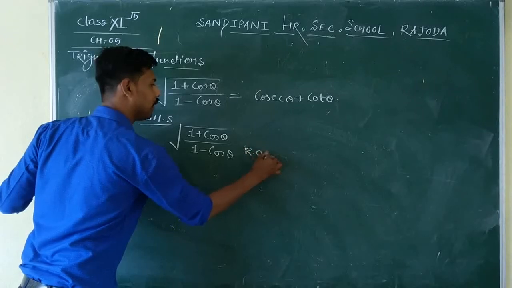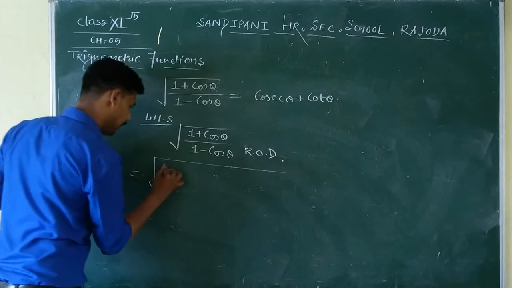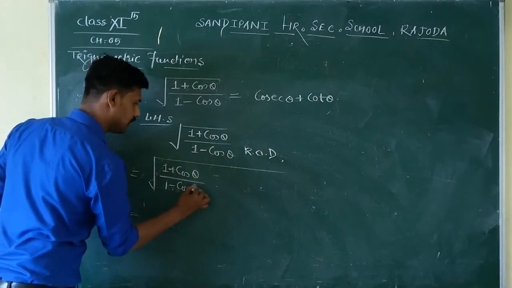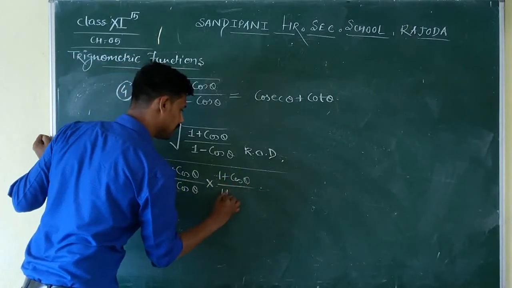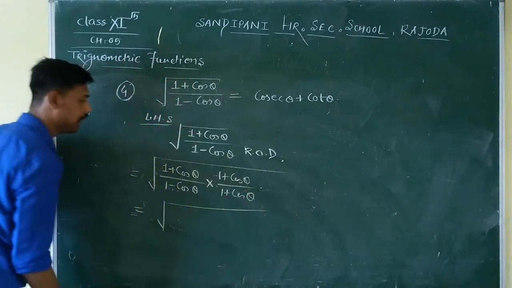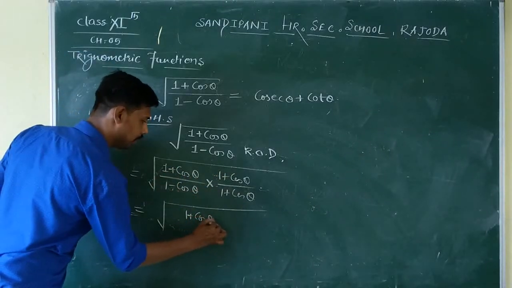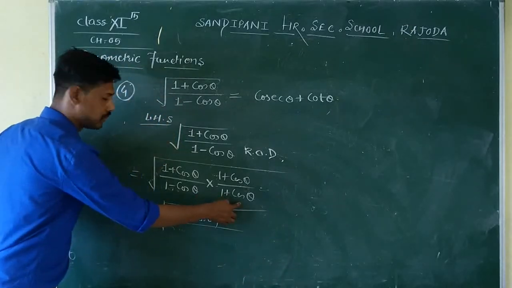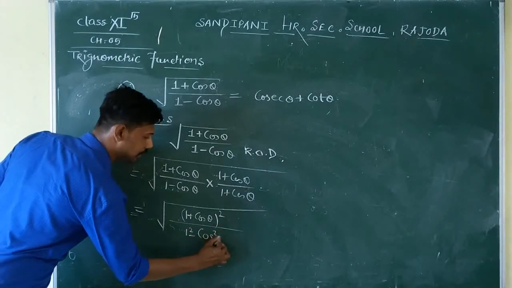ROD means rationalization of denominator: 1 plus cos theta whole by 1 minus cos theta, multiplied by 1 plus cos theta. Numerator will be multiplied by numerator and denominator will be multiplied by denominator. 1 plus cos theta into 1 plus cos theta, 1 plus cos theta whole square. But 1 minus cos theta into 1 plus cos theta, a minus b, a plus b will be equal to a square minus b square.